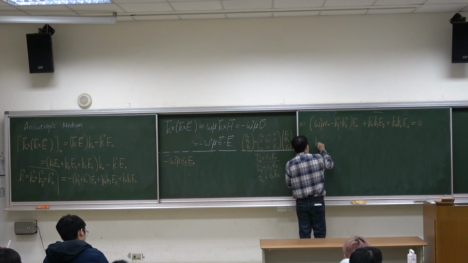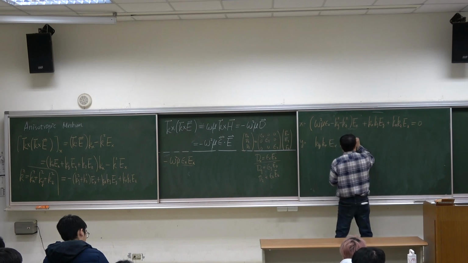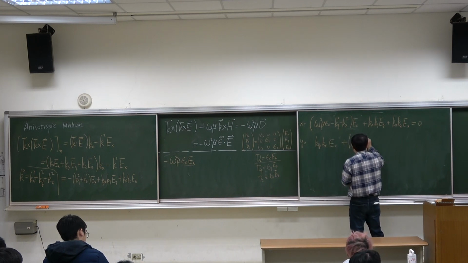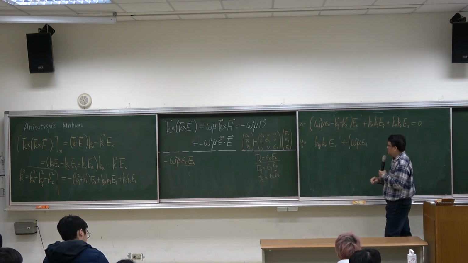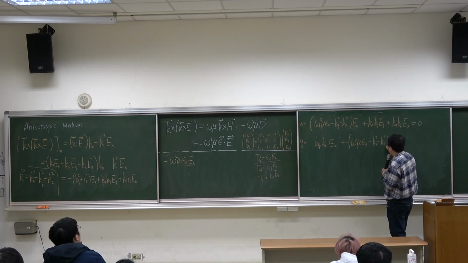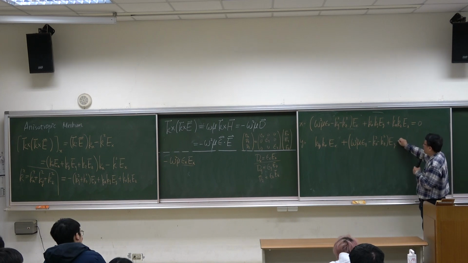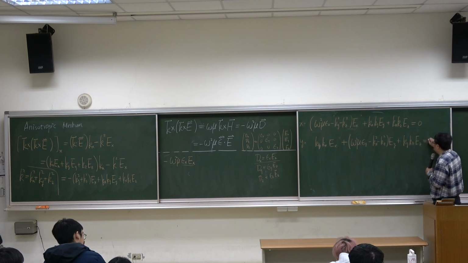So the y component can be written as ky kx EX plus omega squared mu epsilon y minus kx squared minus kz squared times EY plus ky kz times EZ equal to 0.